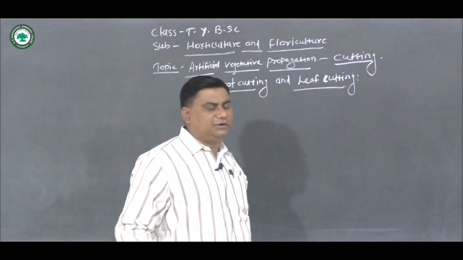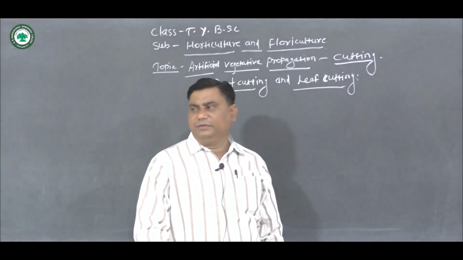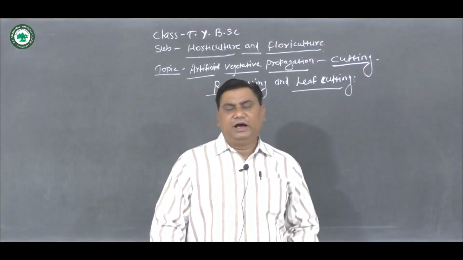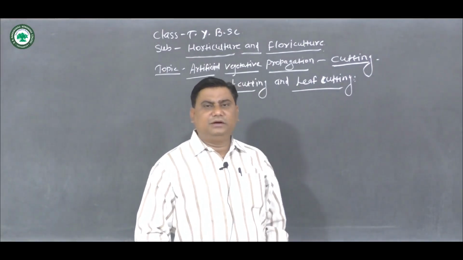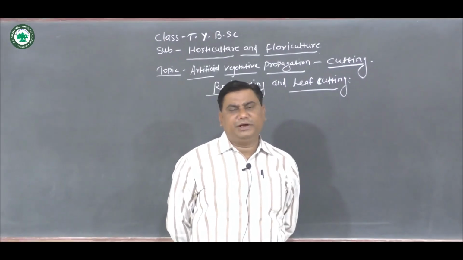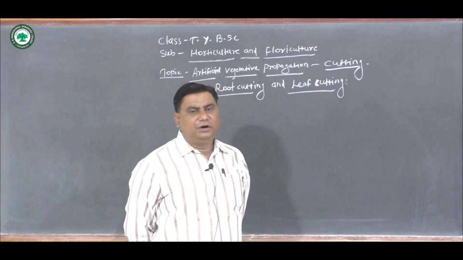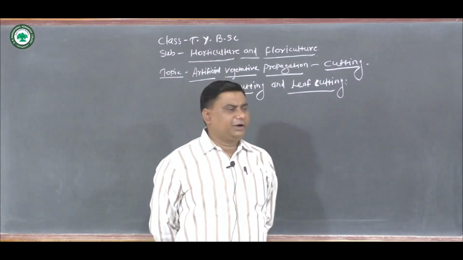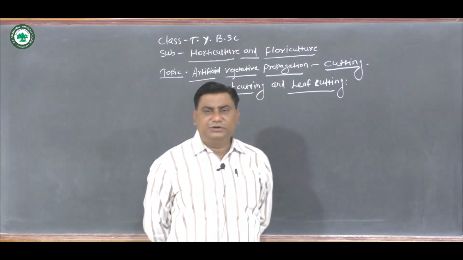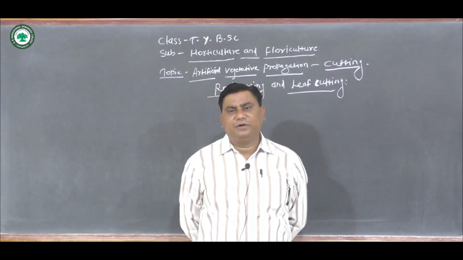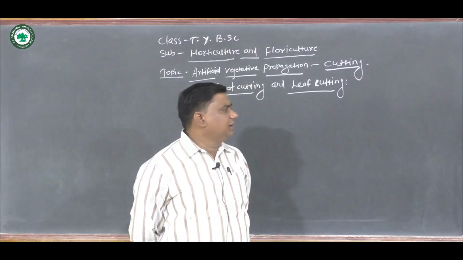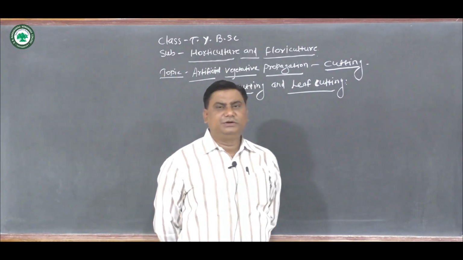As we know, cuttings are important for the propagation of vegetatively propagated plants. The vegetative parts are detached from the mother plants, and from that there is the development of the particular individual.